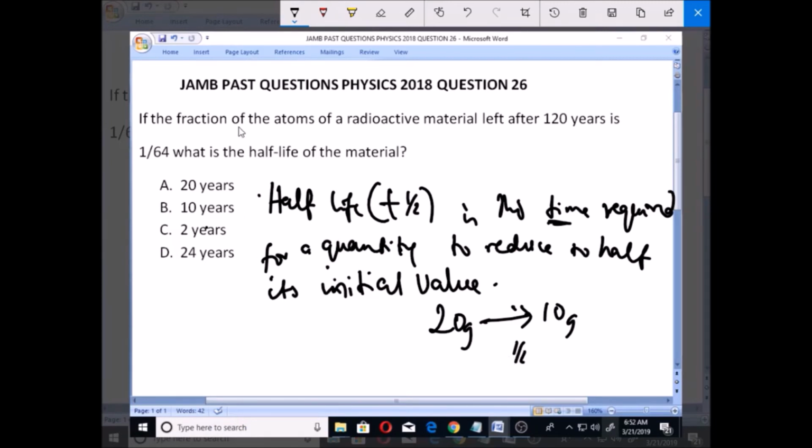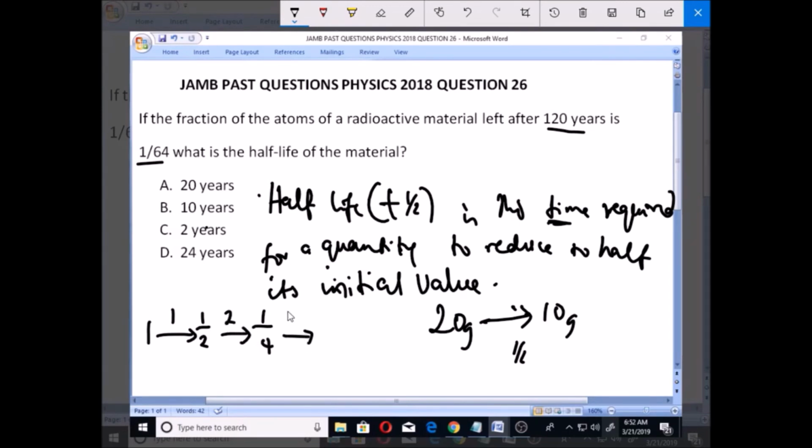So now, how do we solve this given the number of years taken and the fraction of the atom remaining after these years? To solve this, we need to note the movement from the first movement to half, which is the first movement. If you're halving again, you're going to have 1/4, which is the second movement.